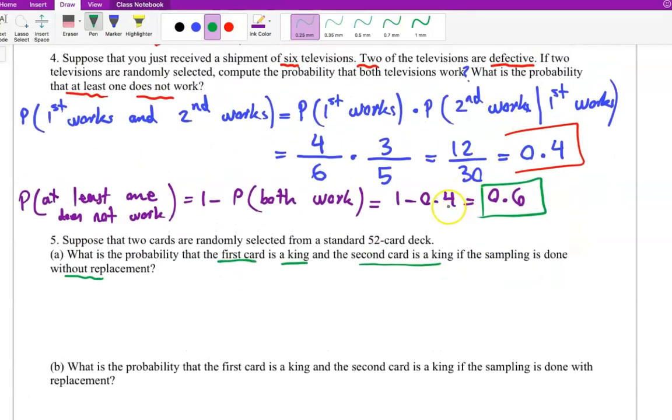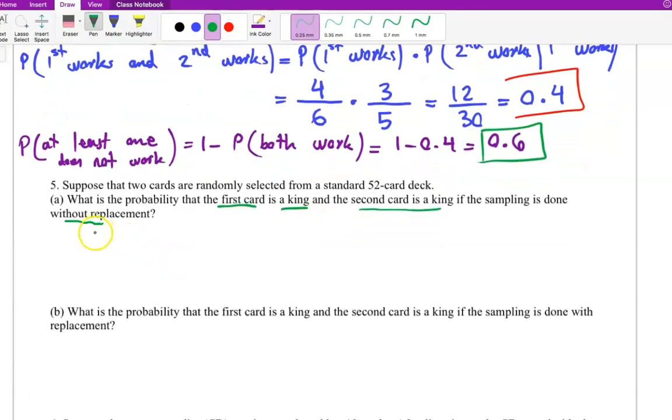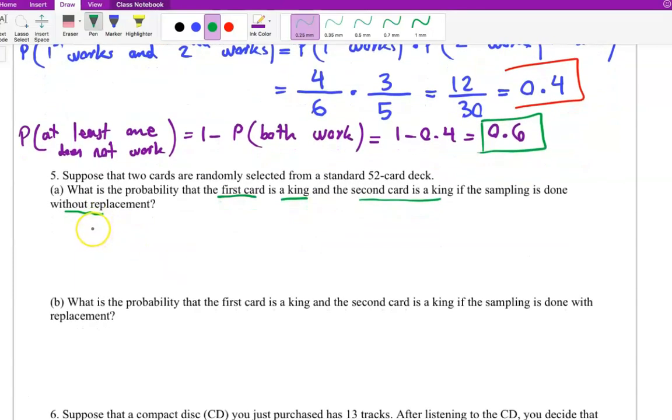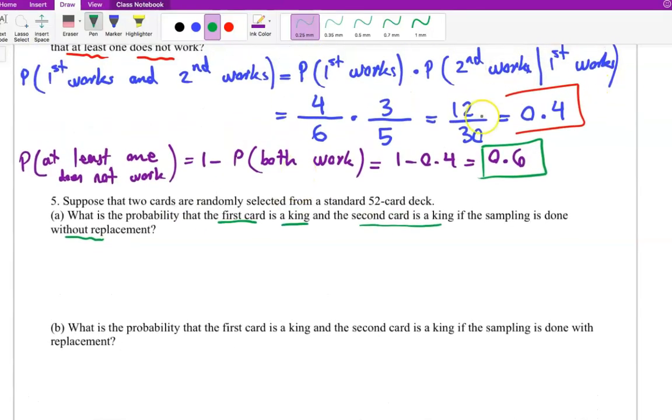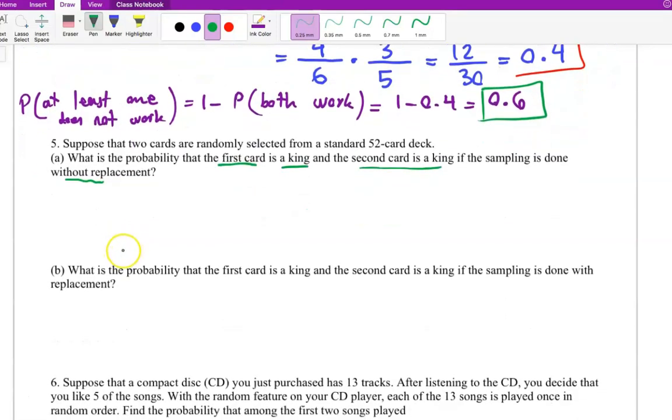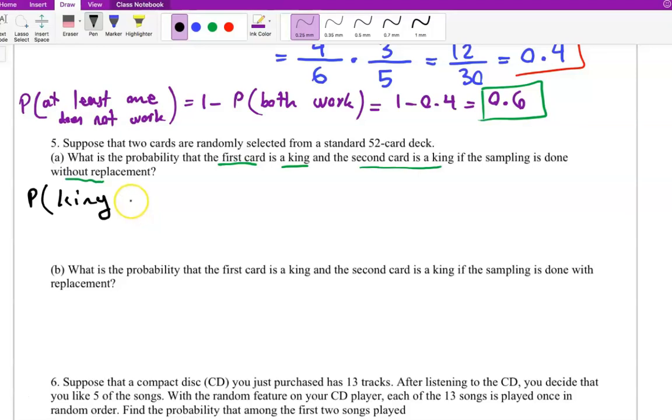So that is what without replacement means. We're not replacing it into our sample space. Now here we should find the probability of king and again king.